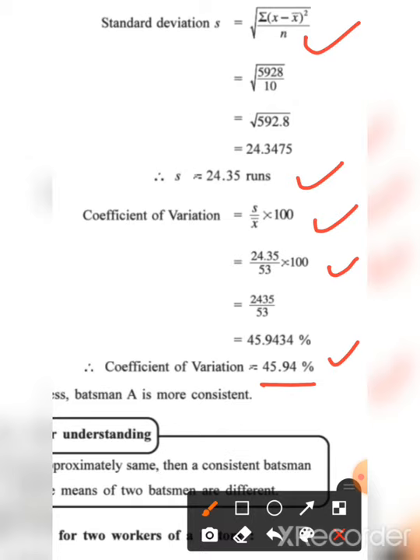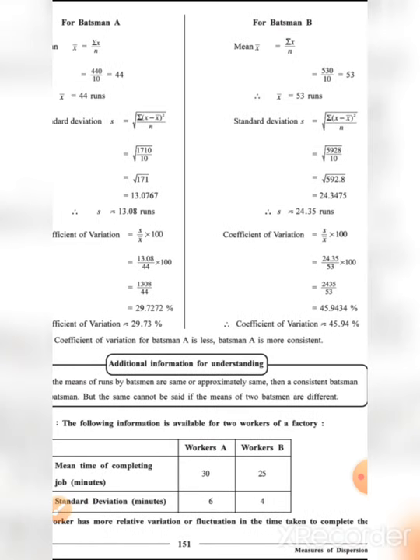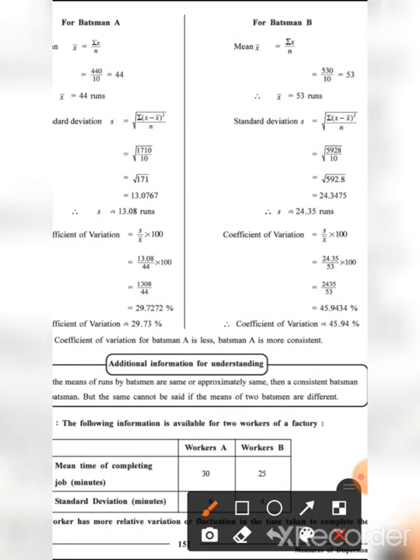Now the time comes to compare them. While comparing A and B, in the question they had asked to decide who is more consistent. As I told you, the batsman with the lower coefficient of variation would be more consistent. So over here, the coefficient of variation for batsman A is 29.73, and for batsman B it is 45.94.